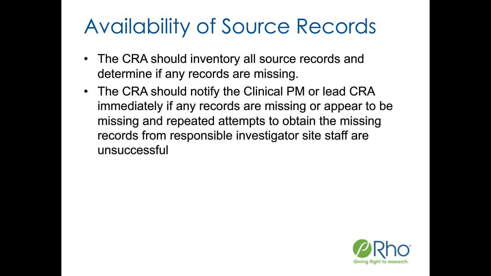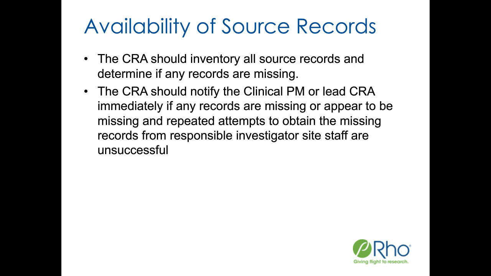When the CRA is on site, they should inventory all source records and determine if any records are missing. This is facilitated nicely if you create a source data map when you first get involved with the study at the site. You want to understand the standard record-keeping practice, how it has been augmented for the study, and what documentation will be available at each visit.